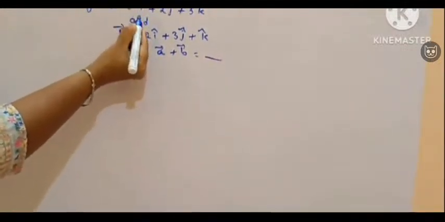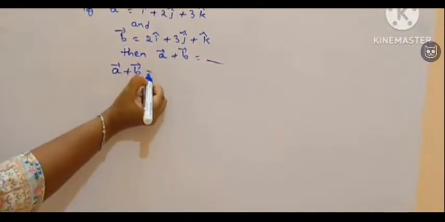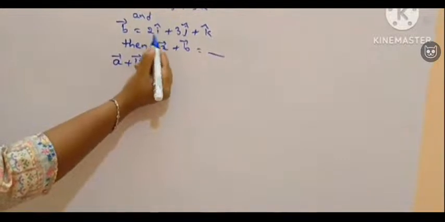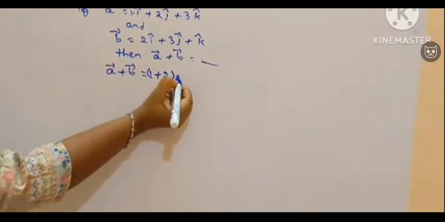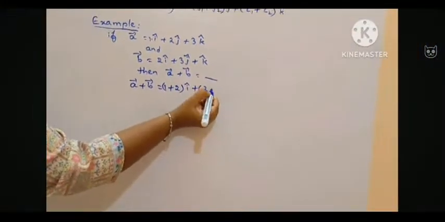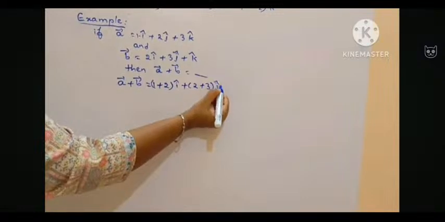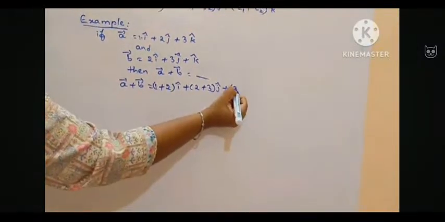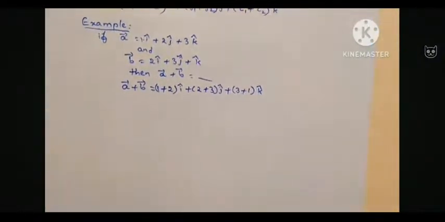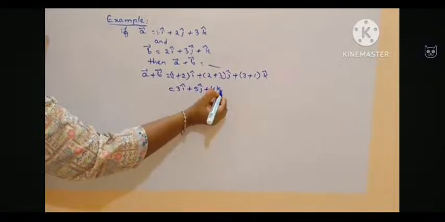You select the i cap component of the first vector. What is the i cap component of the first vector? That is 1. So 1 plus, here the i cap component of the second vector is 0, into i cap, plus here the j cap component is 2, plus the second one j cap component is 3, into j cap, plus here the k cap component is 3 and here the k cap component is 1. The answer is i cap plus 5j cap plus 4k cap.